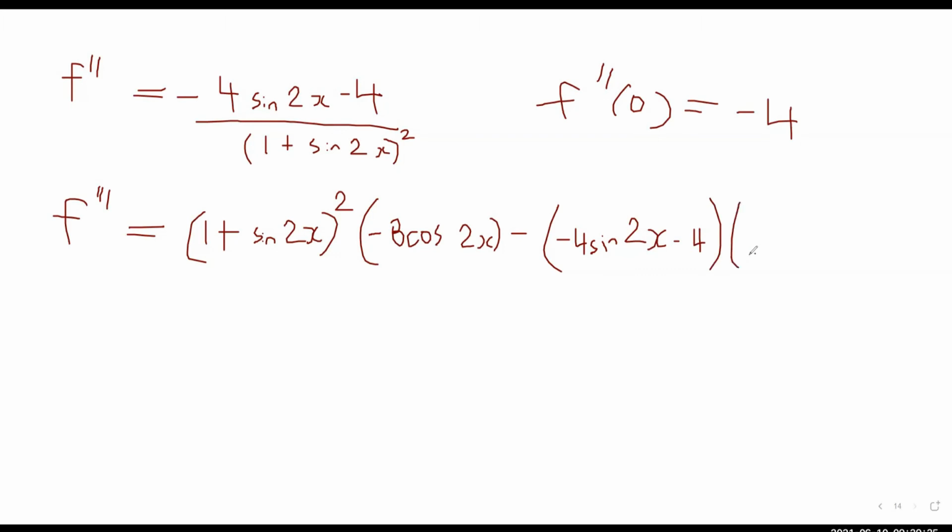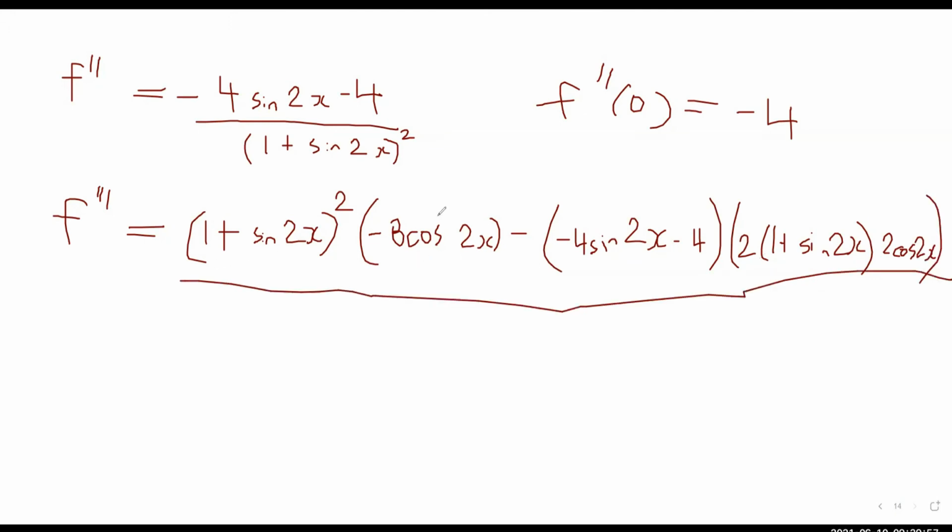We carry down the power 2, subtract 1 from the power to get 1 plus sine 2x, then multiply by the derivative inside. The derivative of sine 2x is 2 cos 2x. We close that, and then we divide it by the bottom squared, which is 1 plus sine 2x all squared.